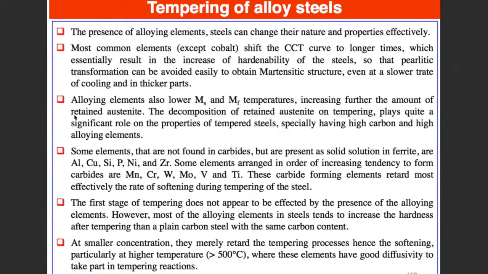And then some elements, right? Aluminum, copper, silicon. These are not strong carbide formers, right? They're going to remain in solid solution in the ferrite, right?